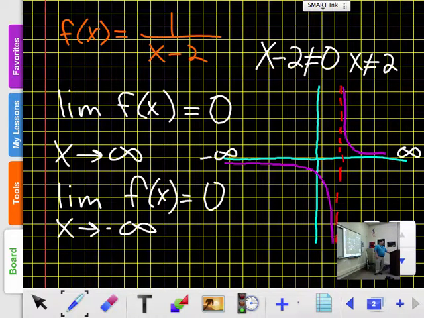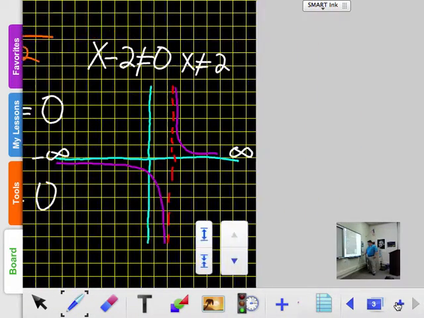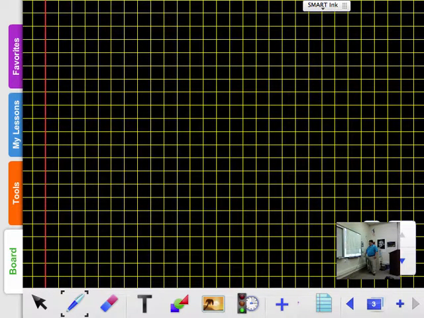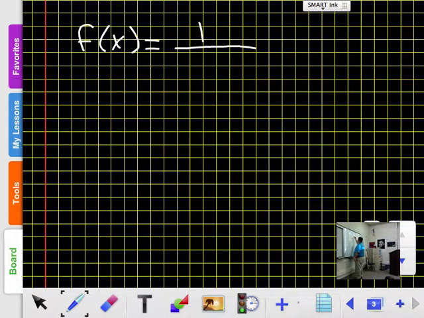Well, from the graph, duh, right? If I plug in a bunch of x values and graph all the points, this is what it will look like, and we could study that behavior. So let's figure that out. If f of x is equal to 1 over x minus 2.